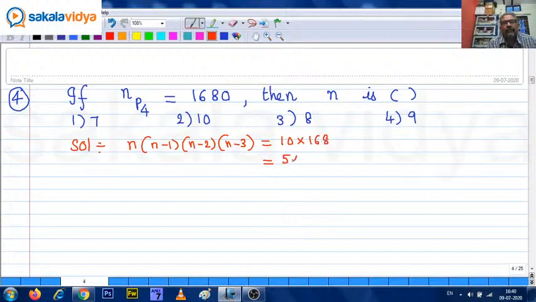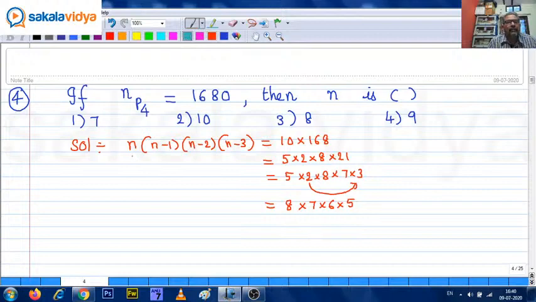Next 5 into 2, this is 8 into 21. Next 5 into 2 into 8 into 7 into 3. See the combination, 2 into 3 is 6. This can be written as 8 into 7 into 6 into 5. So 8, 7, 6, 5.